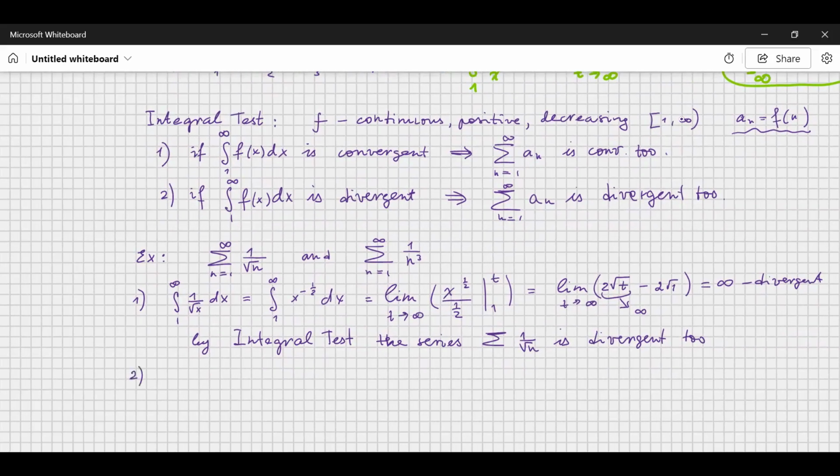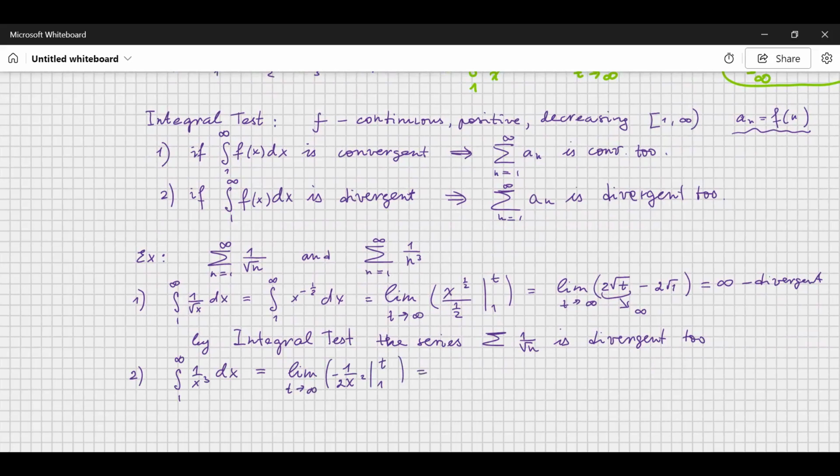For the second one, the integral from 1 to infinity of 1 over x cubed dx is going to be equal to a limit. Let's just integrate it. Guys, if it's too fast for you, you can stop the video at this point and try to calculate this integral.